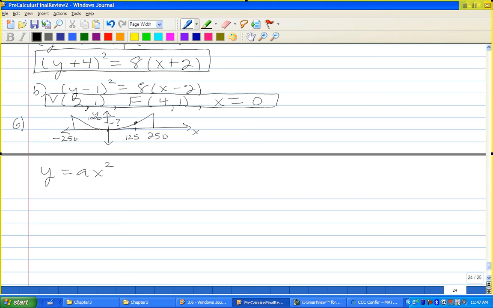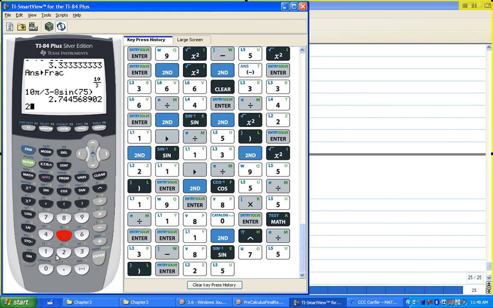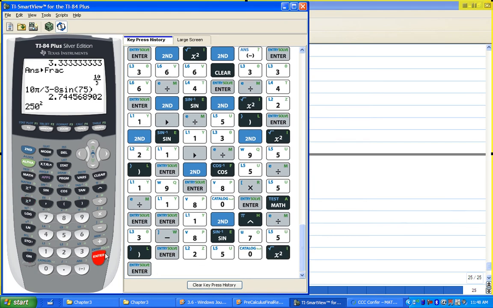And so this vertex here is at the origin, and this parabola goes up, so it looks like this. When x is 250, y is 100. So I have that 250 squared times a equals 100.